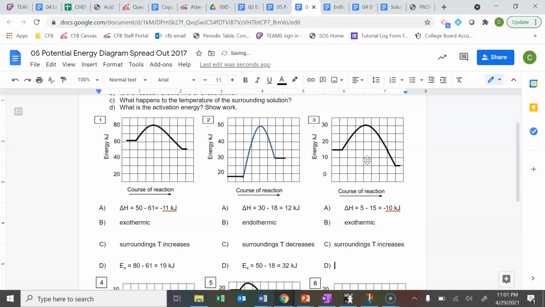And then finally, EA equals the top minus the reactants. So the top is 30 minus reactants were 15. So we had to go up 15 kilojoules to start the reaction. 15 kilojoules is the activation energy.